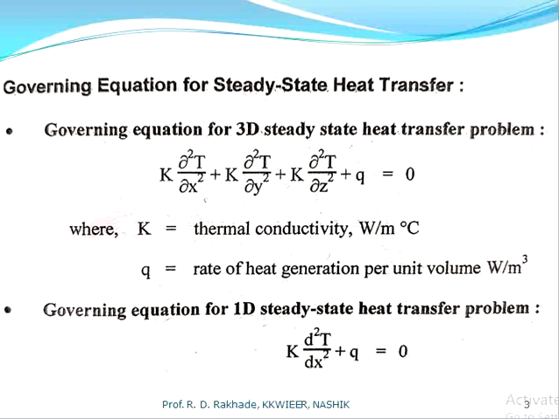So this is the governing equation: K, double derivative of temperature with respect to x direction, similarly in y and z direction. Here small q represents rate of heat generation per unit volume, that is watt per meter cube, equal to 0. So this is the basic governing equation for steady state heat transfer problem, which we'll use in numerical.